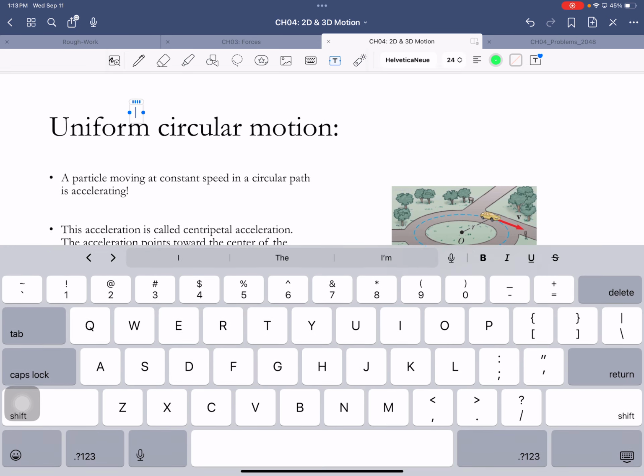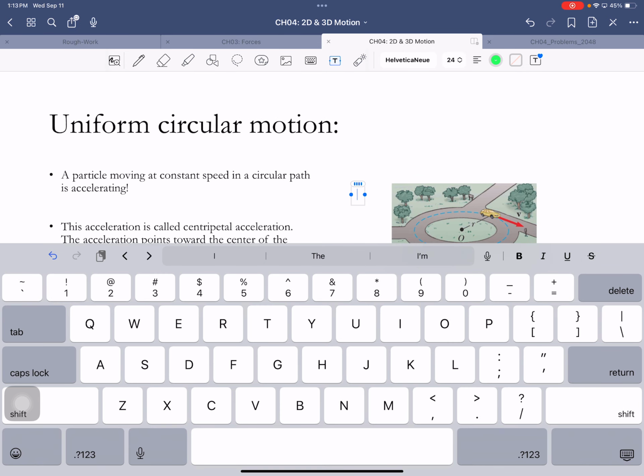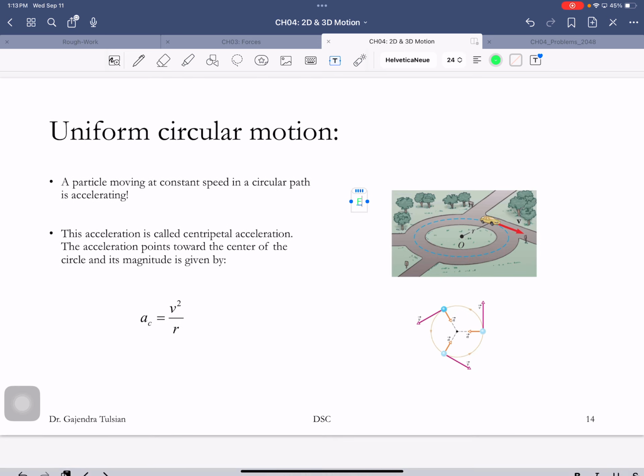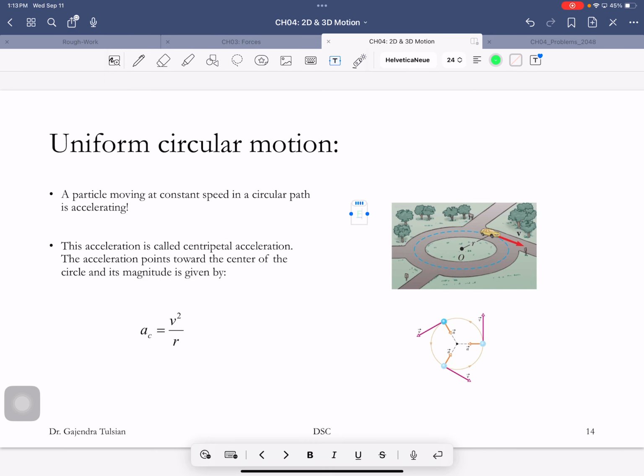Now we'll look at uniform circular motion.